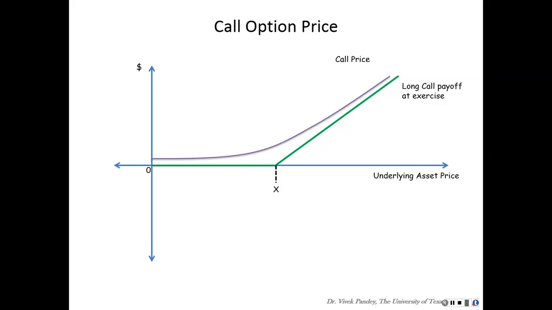So basically, the price of the call option is going to be above the green line, which is what you'll get if you exercise the option right away, right? Why? Because that's the value of this option at this point in time. Say the stock price is 110 and it's a $100 exercise price, then the value of the option right now is $10.